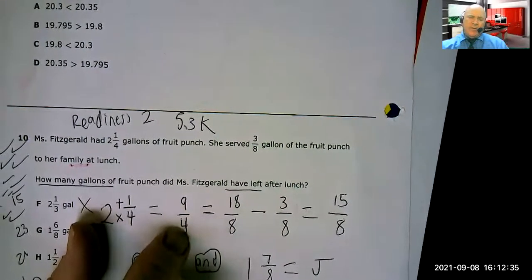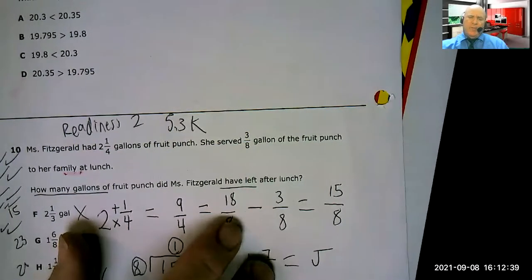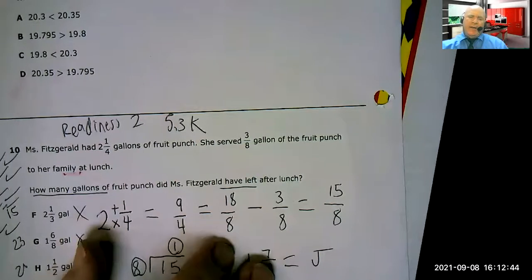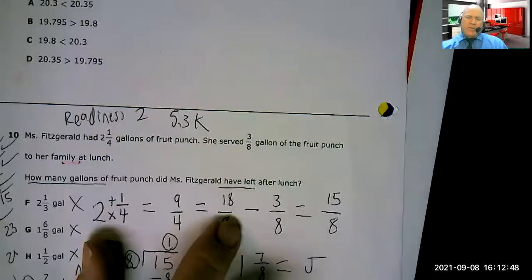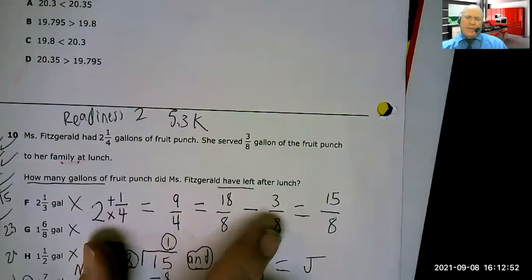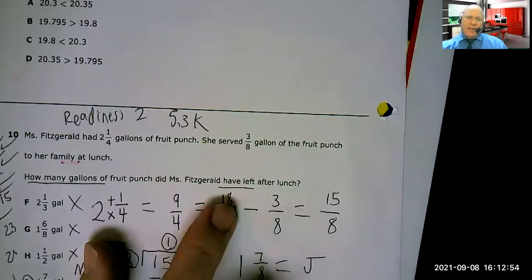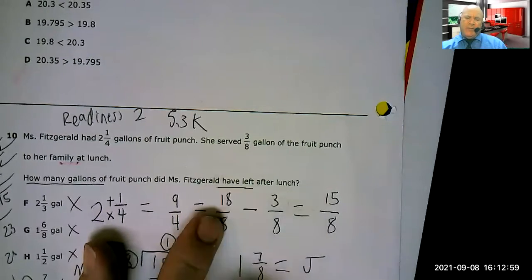The product of 4 and 2 is 8. So our new improper fraction is 18/8. Now I have the same denominator, the same last name. So if I subtract 3/8 from 18/8, I get 15/8.